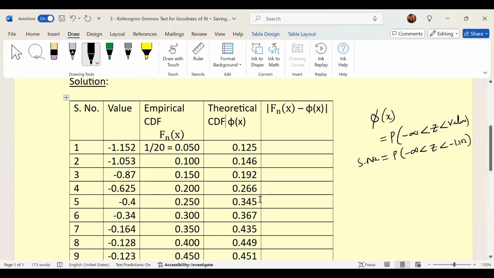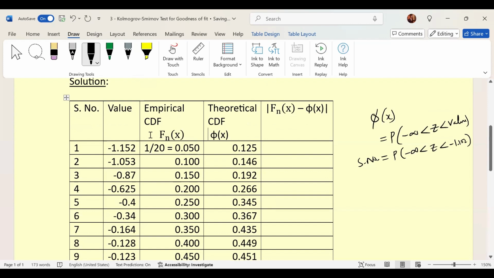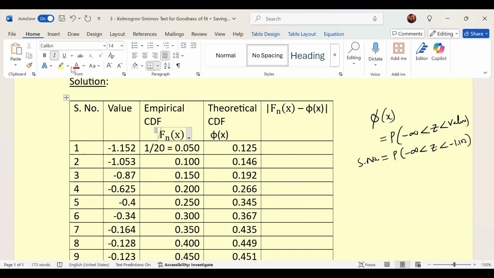Here we are going to calculate the difference between F_n(x) and phi(x), these two. First the difference, and then the modulus of the difference. If I subtract 0.05 minus 0.125, we get negative 0.075. Since there is a modulus, we write 0.075.